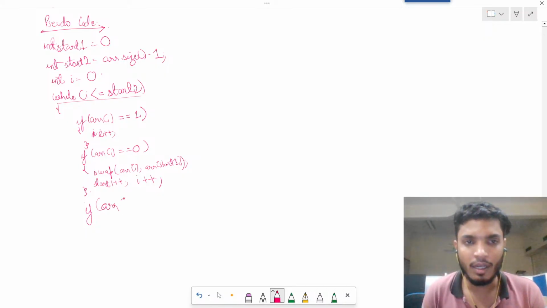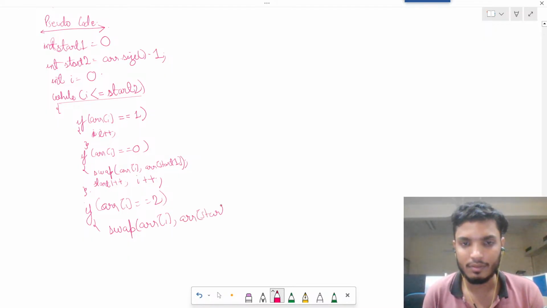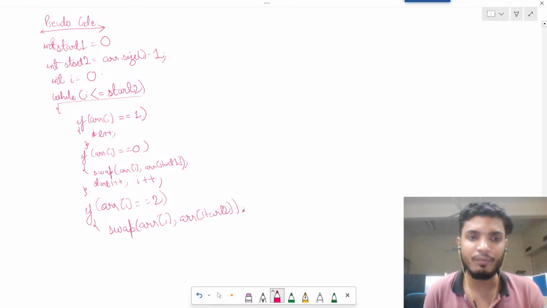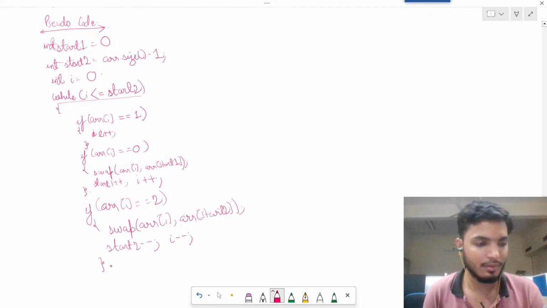If ARR of I is equal to 2, then I will swap ARR of I and ARR of start 2, and then I will simply do start 2 minus minus.